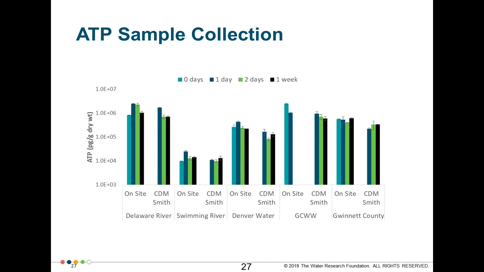In particular, there was one facility, Denver Water, where they had a very high chlorine residual in their backwash. It was 10 milligrams per liter. That's very high, and we saw some significant decreases in ATP right after backwashing due to that exposure to disinfectant.